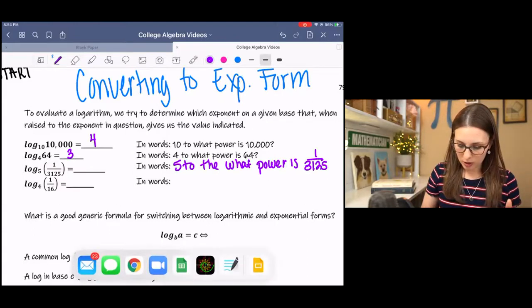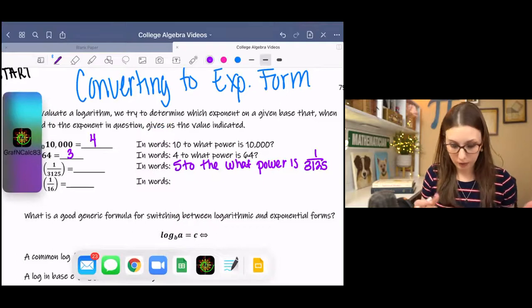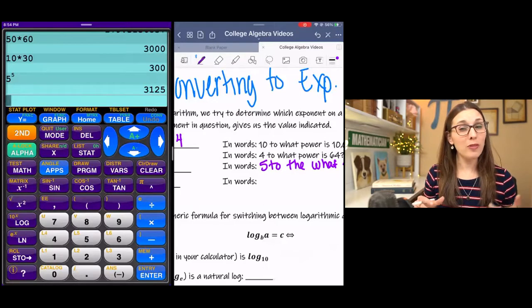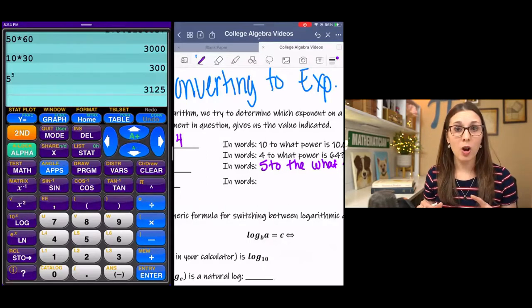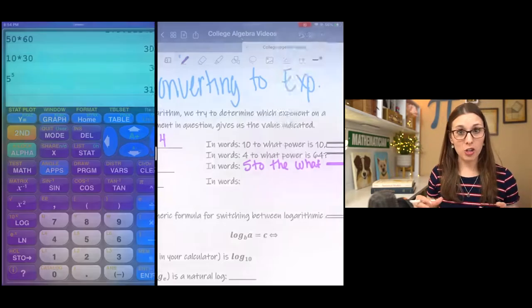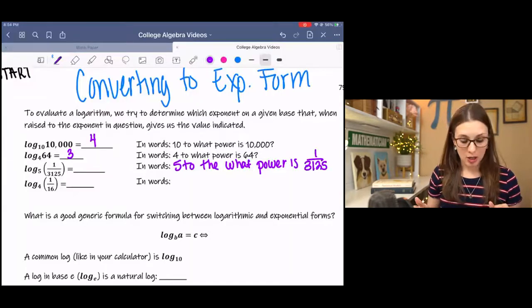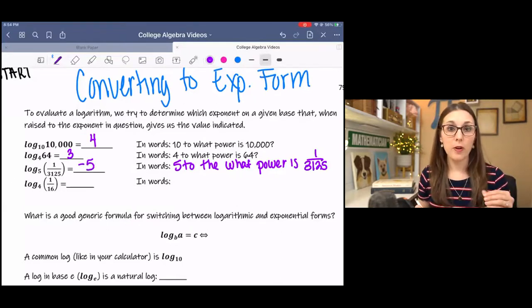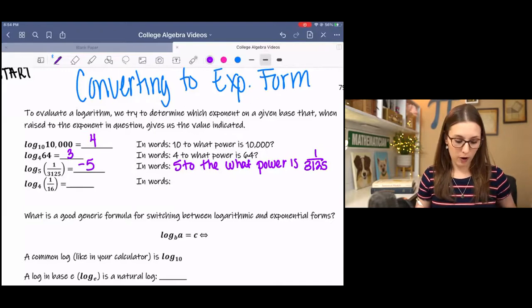You can use your calculator to figure that out. 5 to the 5th, well, that was lucky. 5 to the 5th is 3,125, but we're talking about a fraction. In order to get a fraction, you need a negative exponent. So instead of 5, it's actually negative 5. 5 to the negative 5th power creates the fraction 1 over 3,125.